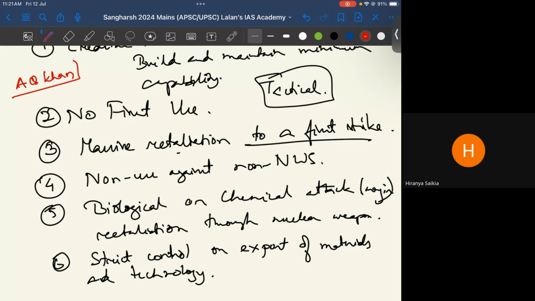AQ Khan learned in Germany, took material from China, and made Pakistan's nuclear bomb. Similarly, nuclear technology from China went to Pakistan and to North Korea. This is kind of smuggling of nuclear knowledge, which we do not allow. We will ensure strict control on technology and on materials. You know Pakistan has capability; how did it come about? Because China did it.